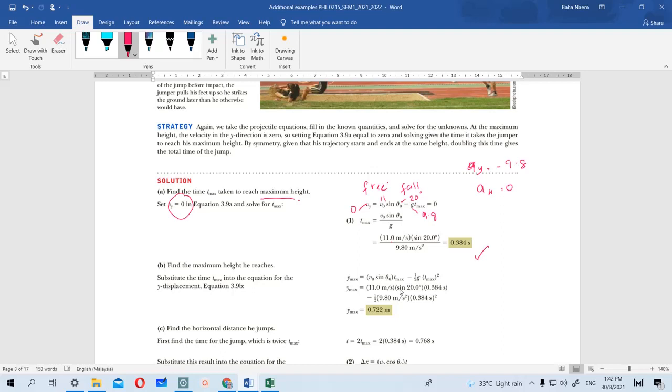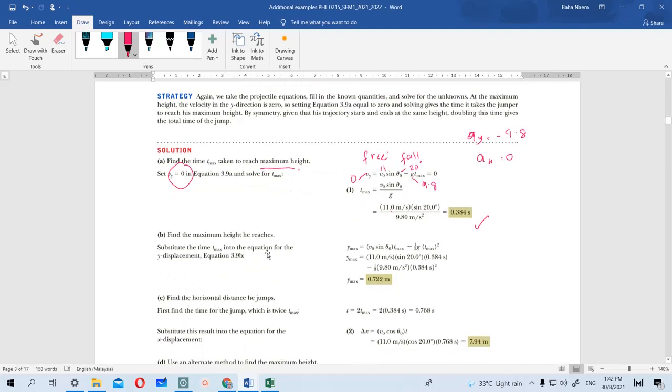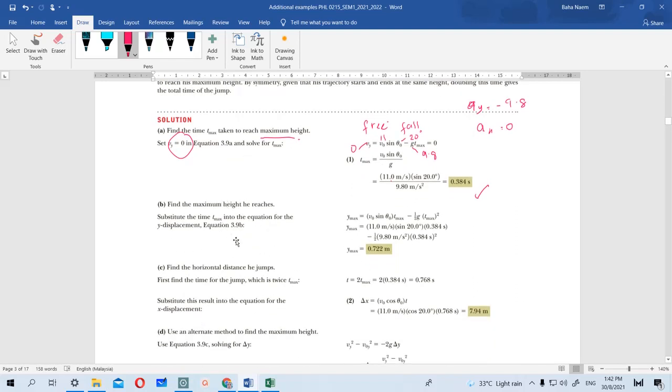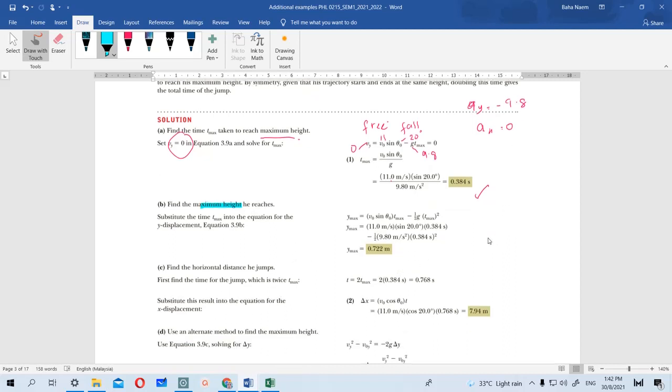So if the question is asking, B, find the maximum height he reaches. Remember the kinematic. Most of the time we can get all the unknowns from the free fall technique, in short, from the y component.